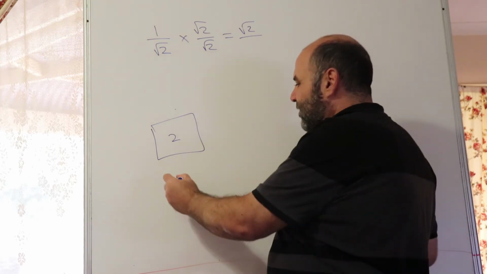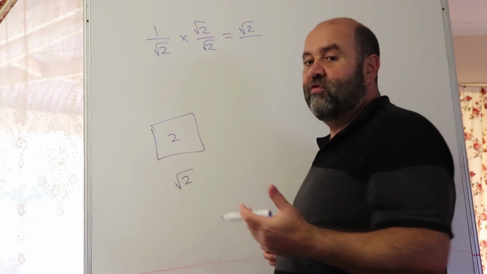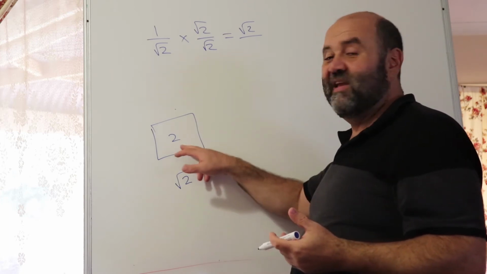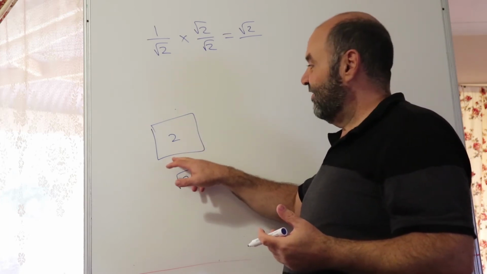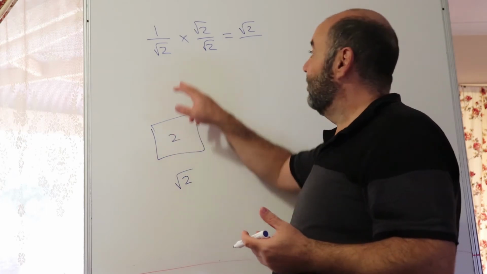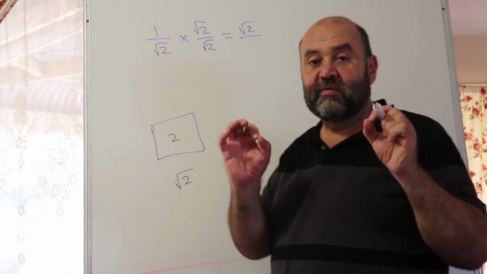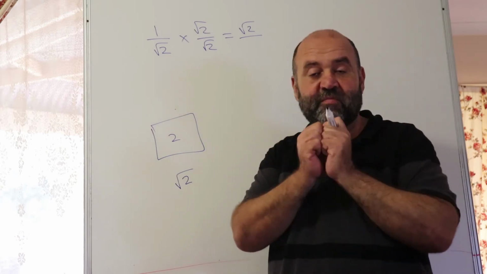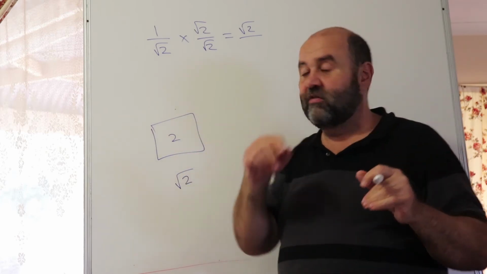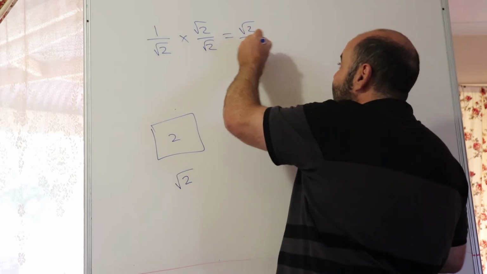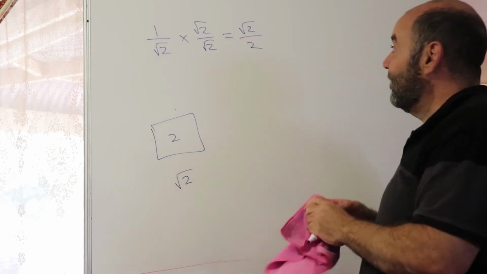And we said, well, they had to be the square root of 2. They had to be a number where you multiply by itself, you get 2. So the square root of 2 times the square root of 2 is 2. When you multiply a surd by itself, it just gets rid of that square root sign. So root 2 times root 2 is 2. Well, look at that.